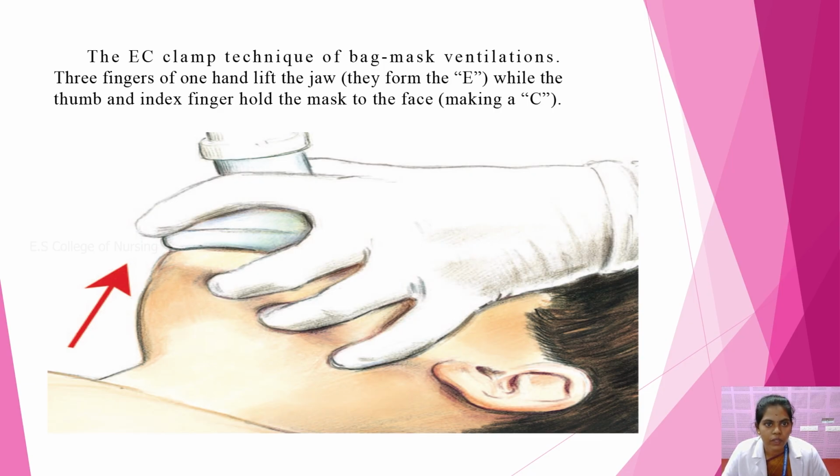The EC clamp is the technique used for bag mask ventilation. Three fingers of one hand lift the jaw and form the E shape, while the thumb and index finger hold the mask to the face, making a C shape. This is the EC clamp technique for bag mask ventilation.